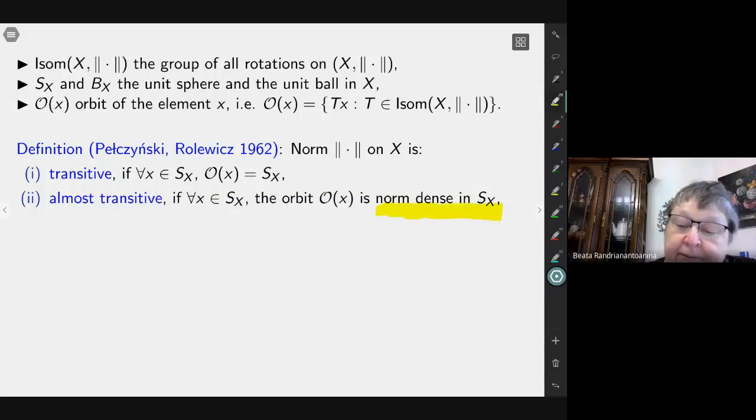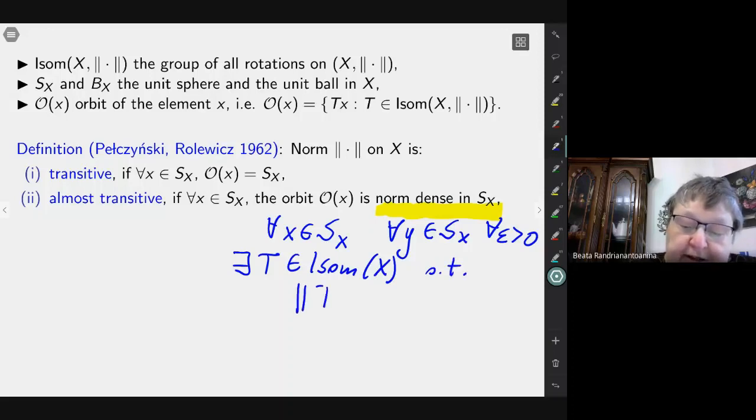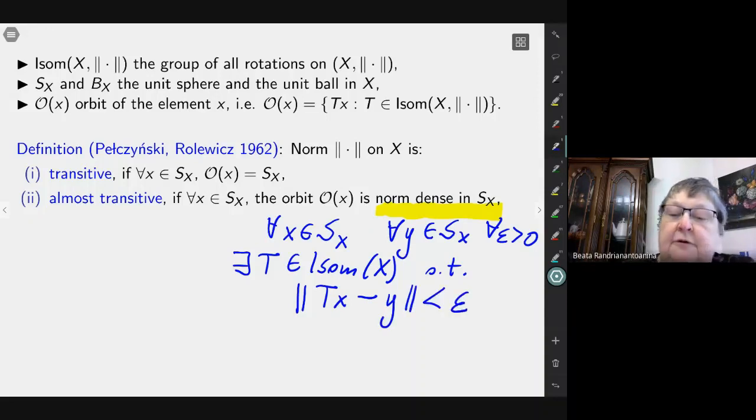That is, for every x in the sphere, for every y in the sphere, and for every epsilon positive, there exists T, an isometry of X, such that T of x maybe is not y exactly, but is epsilon close to y in the sense of the norm, right?